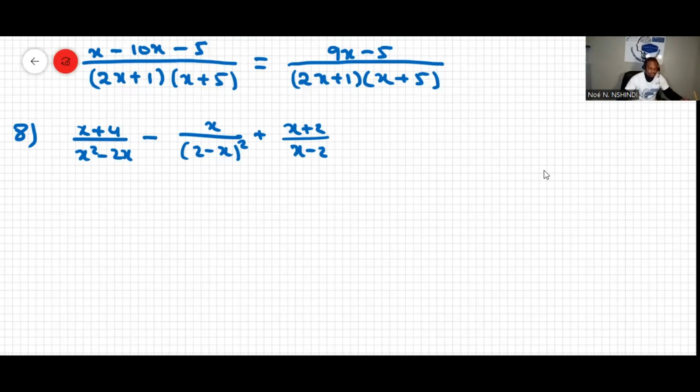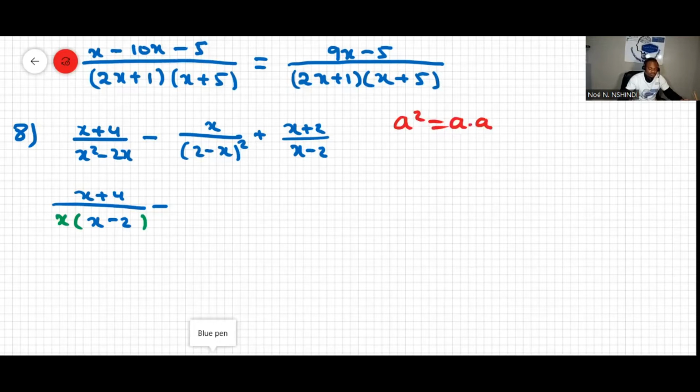what we can do here, we can factorize the denominator. For the first fraction here, we can take x out as a common factor at the denominator. Now, inside the bracket, we write x minus 2. And then the numerator, we do x plus 4 minus the other fraction. Okay, this is of the form a squared, which is a times a.